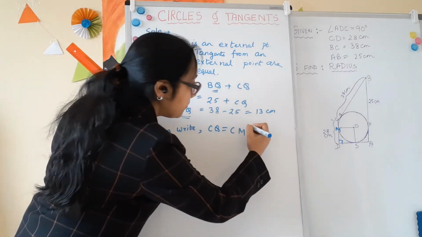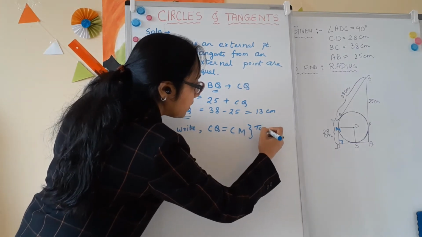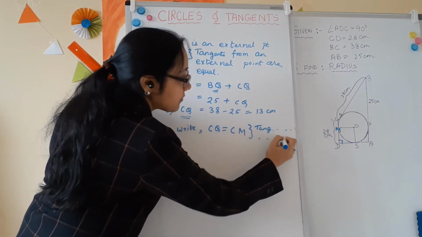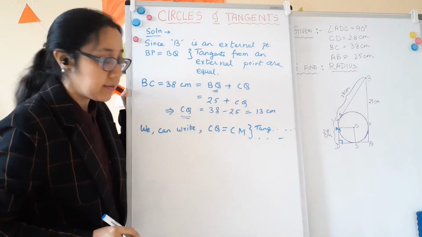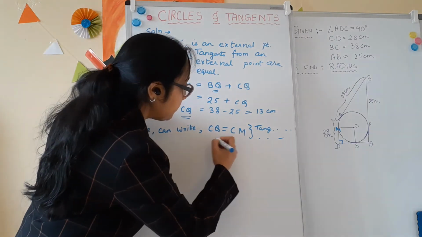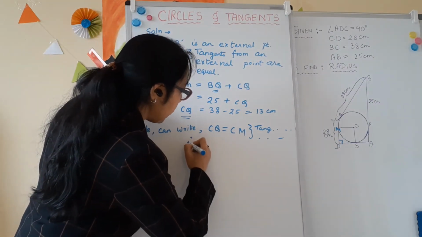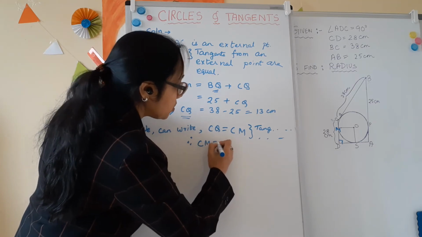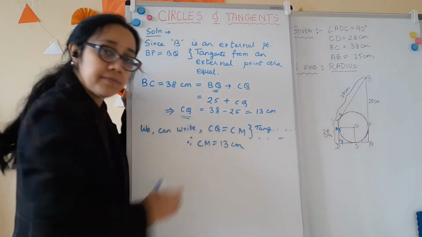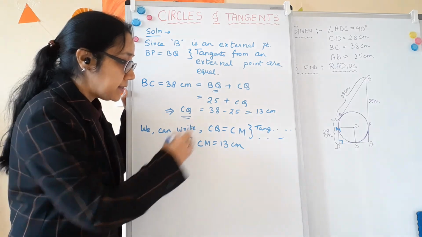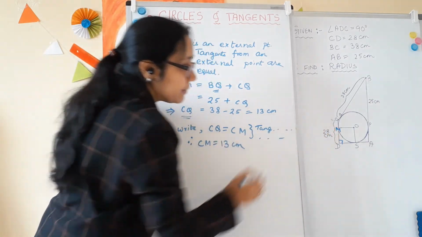Same theorem: tangents from an external point are equal. Please write it down. So CQ is equal to CM, therefore CM will also be 13 centimeter.